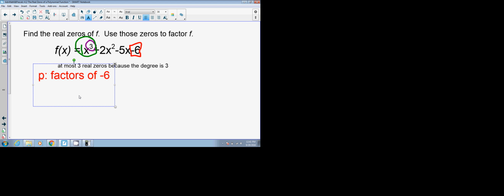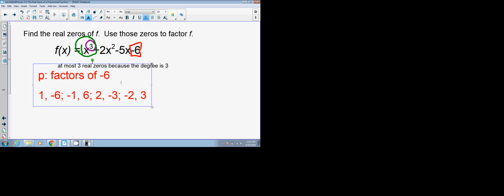So one set would be 1 and -6, because 1 times -6 gets me to -6. Another set would be -1 and 6, because multiplying those two values get you to -6. Then we also have 2 and -3, as well as -2 and 3.